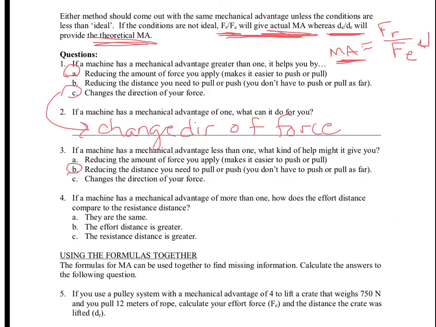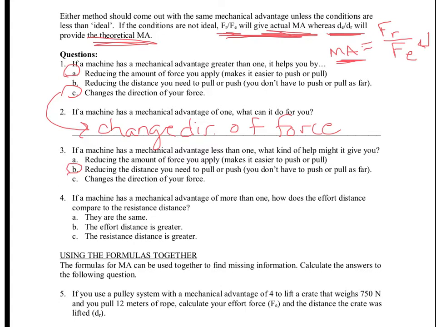So it would make it quote-unquote easier in that you don't have to apply that force for as long of a distance. But you're actually going to have to put in more force than you would if you used a machine with a mechanical advantage greater than 1.